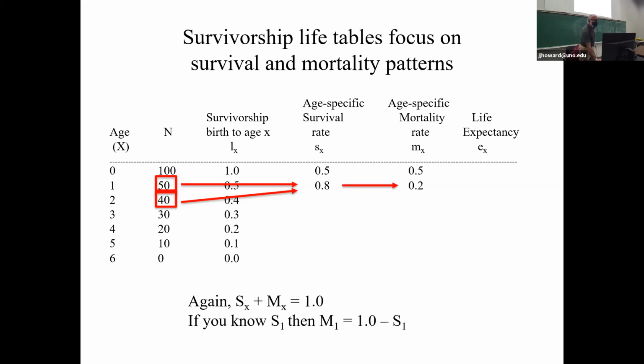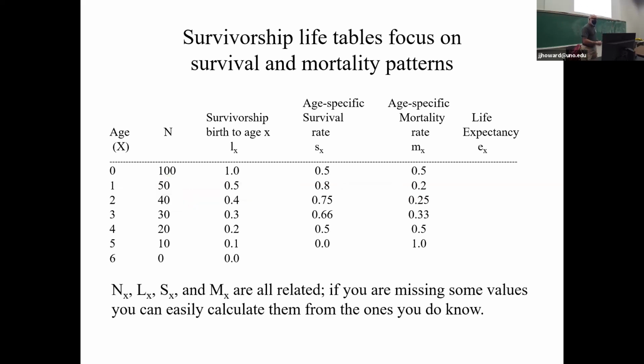S2 then is, and once again, I put the mortality in there. I keep forgetting that I did that. But again, 1 minus 0.8 gives you the mortality. If they didn't live, they died. So on and so on. S2 here is the number alive at age 3 divided by the number alive at age 2. That's 30 divided by 40. That's 75%. That's where those numbers come from.